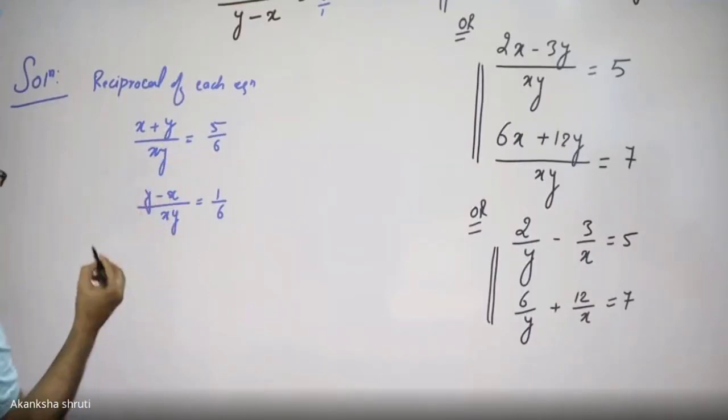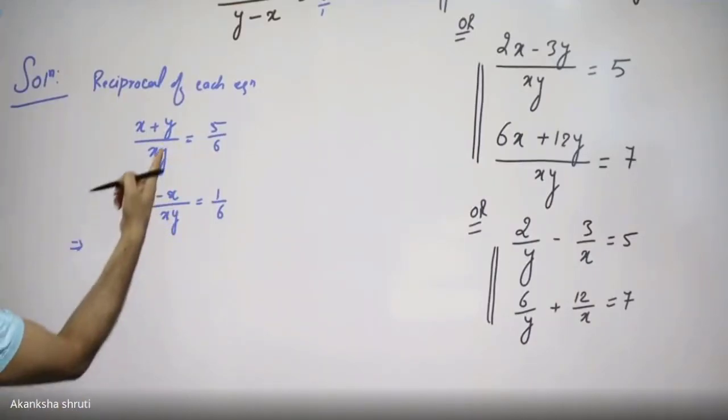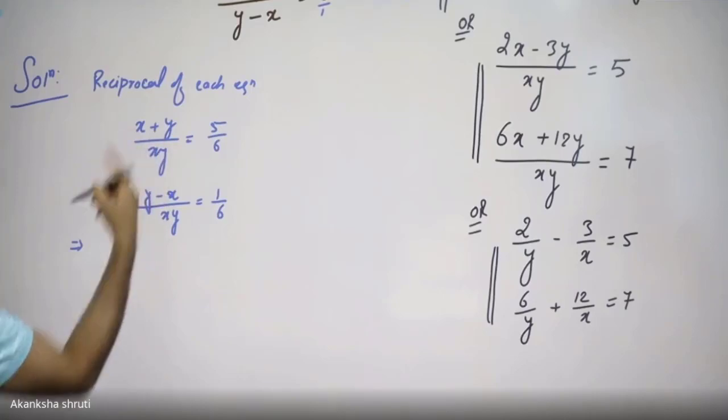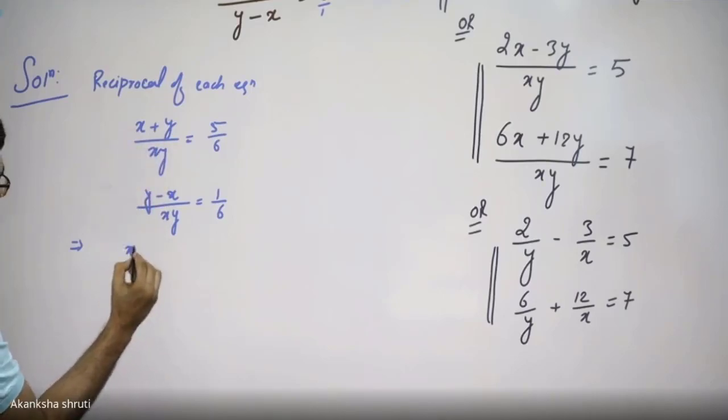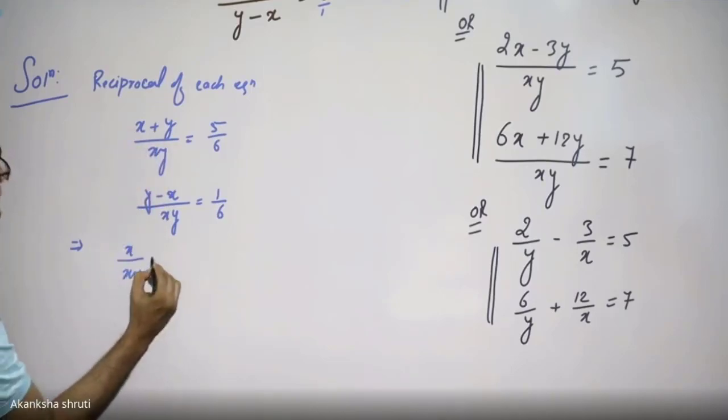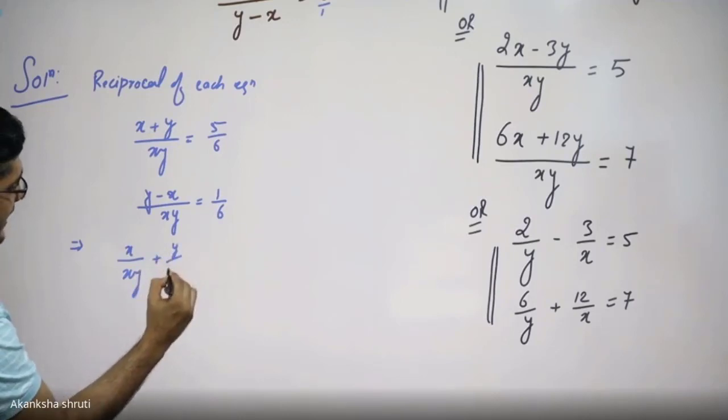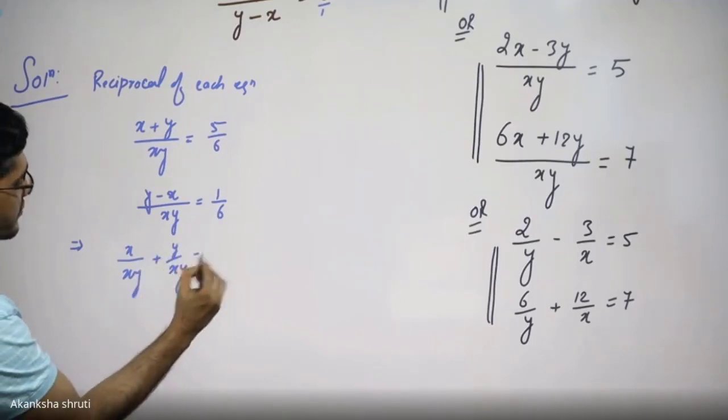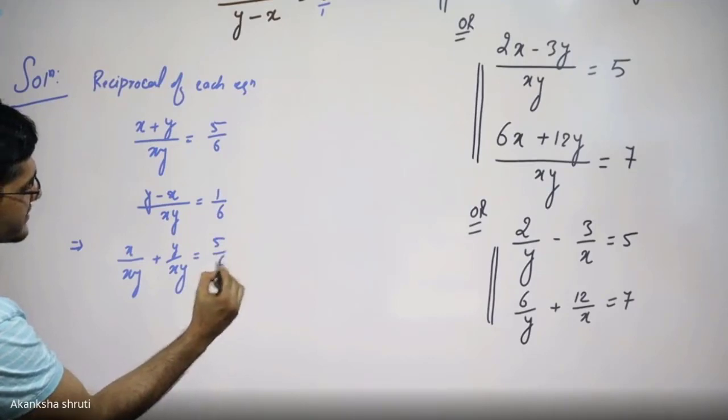Students, here we need to separate this x and y, meaning go for the distributive property for this denominator. It gets converted into x by xy plus y by xy is equal to 5 by 6.